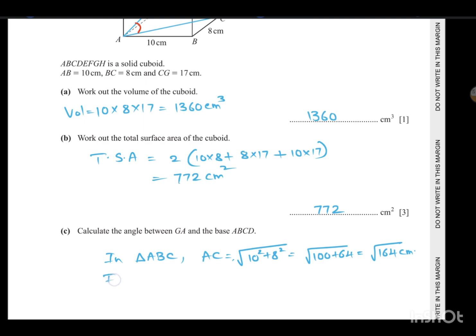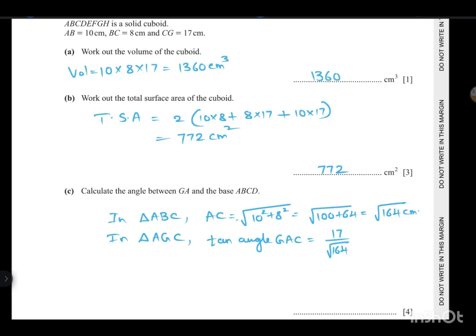Then now in triangle AGC, we know one of the sides and we need to find the angle here. So we'll take tan of that angle. Tan of angle GAC is equal to opposite by adjacent, that is 17 by root 164.